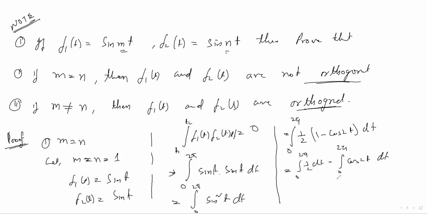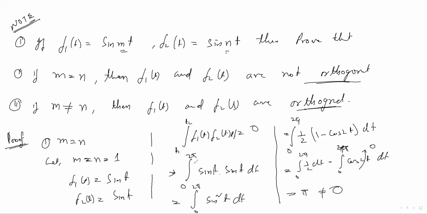This cos twice t term will give the 0 value for 2 pi, because integration will make it sine, and sine of 2 pi or sine of 0 is 0, so this part will be 0 only. So only the first part will remain, and this will give a pi value, which is not equal to 0.